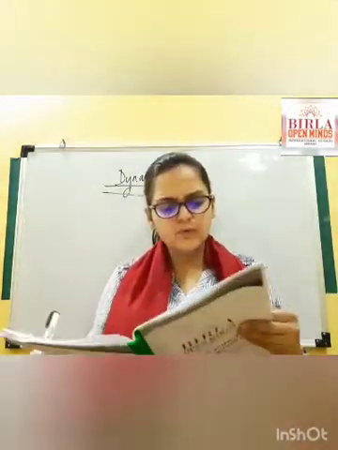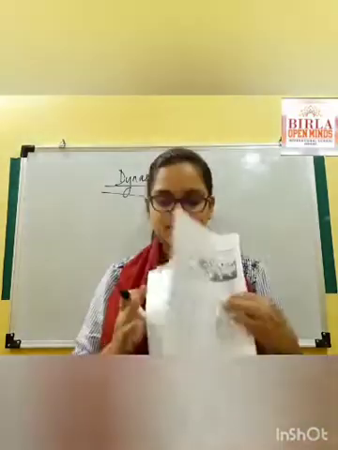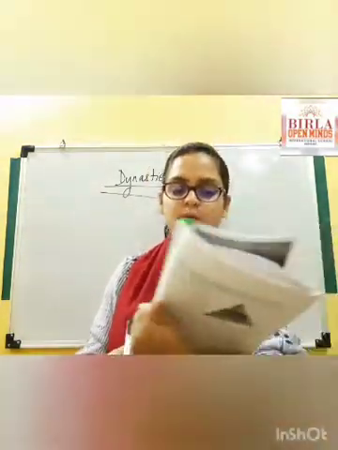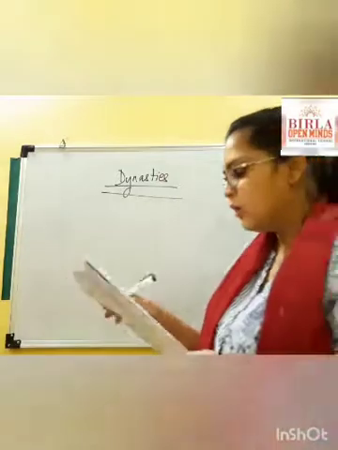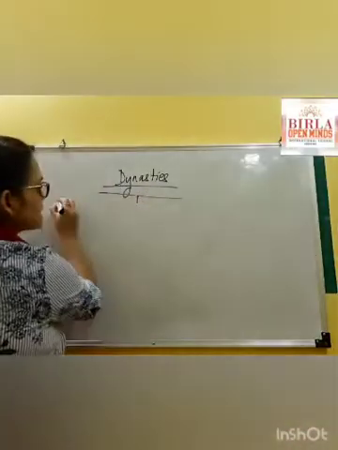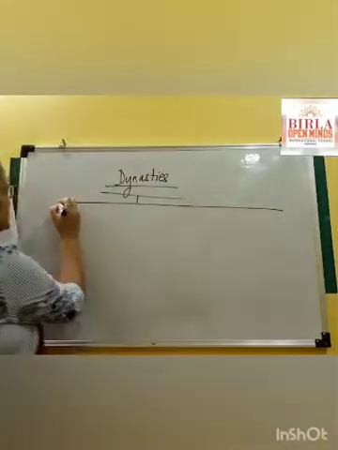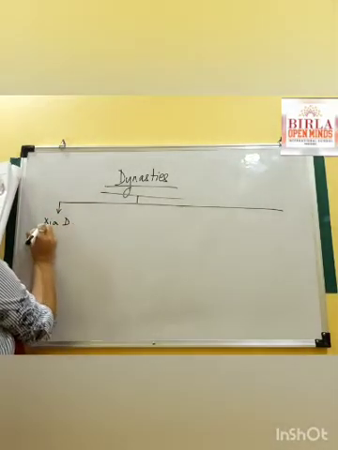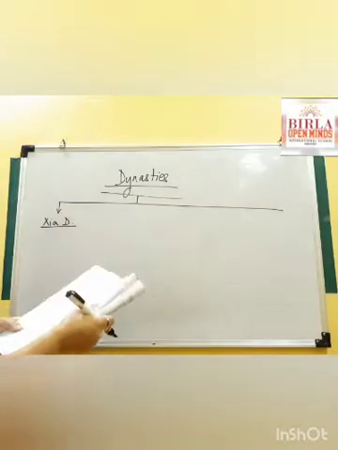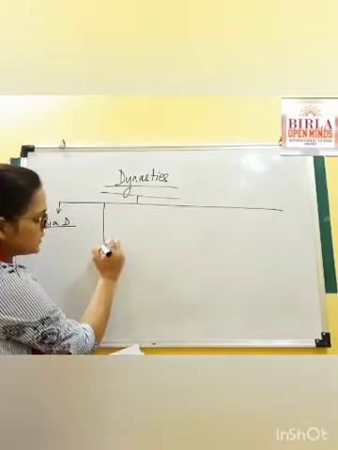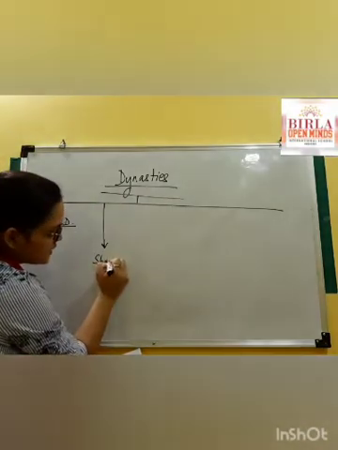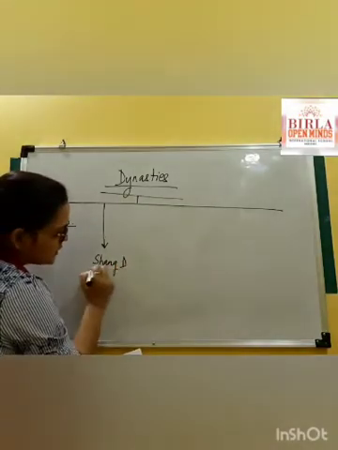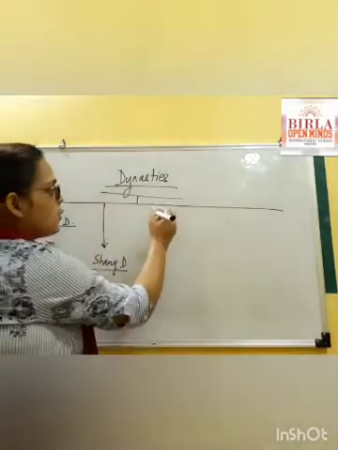Now there is a beautiful flow chart given out here, which I will be making for you. The dynasties of China would be like, the first one would be the Xia dynasty. I'm writing it in short form. Then it is the Shang dynasty. Then it is the Zhao dynasty.